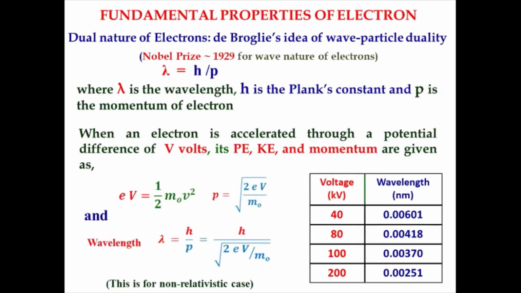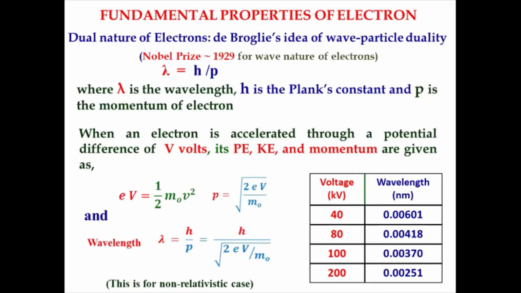So with this, we get an understanding that if we accelerate an electron with a potential difference of 40 kilovolt, then the corresponding wavelength it will exhibit is of the order of picometers. It is 6 picometer. Now, if you use the thumb rule, the resolution is lambda by 2. So if the wavelength is of the order of picometer, the resolution will be of the order of picometer.